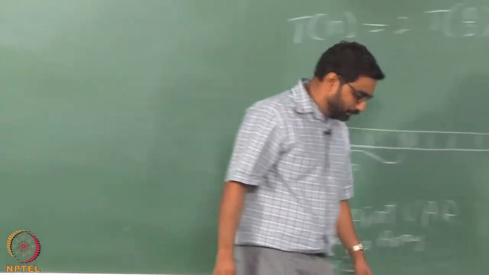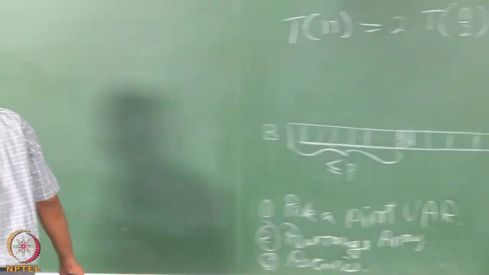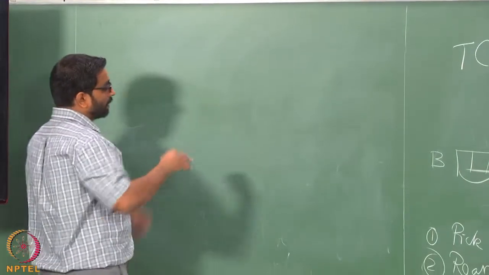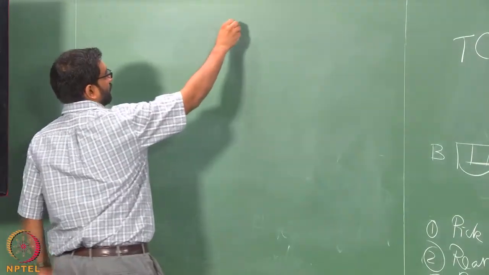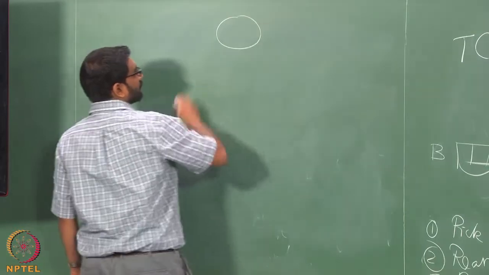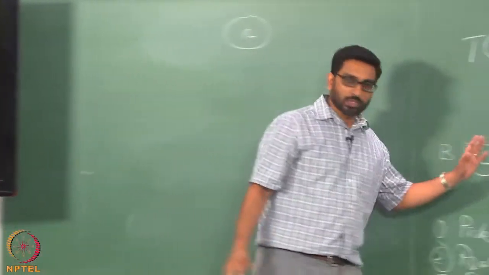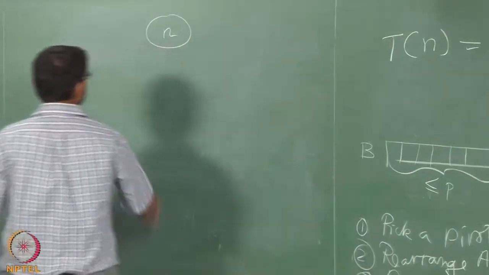Now the operation of this algorithm can be thought of in this divide and conquer tree. The problem size to begin with is n, and then we choose a pivot uniformly at random.